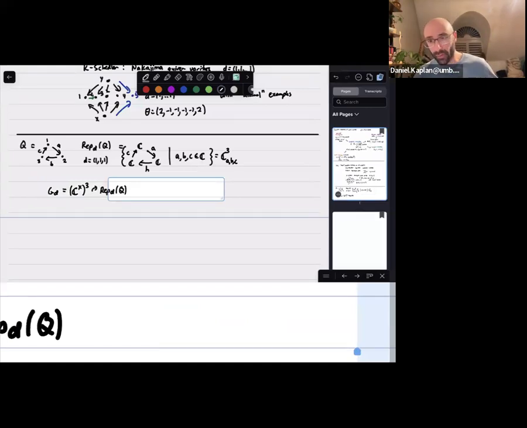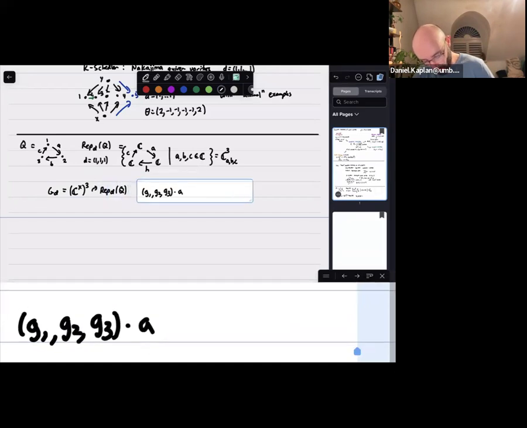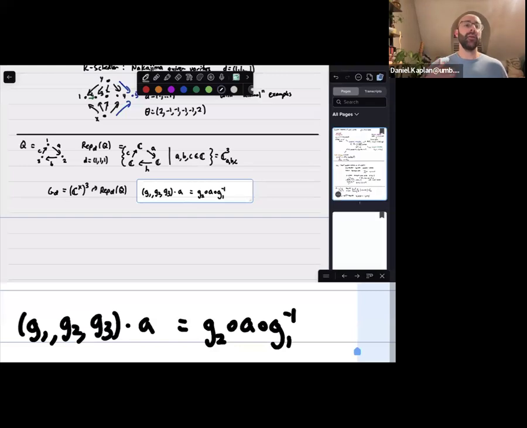And how does that go? Like, for example, if I take G1, G2, G3, and I act on the arrow A, what happens is first perform the inverse of G1, then compose with the arrow A, and then do G2. Okay, like this. And you'd act on the other arrows similarly. Okay.